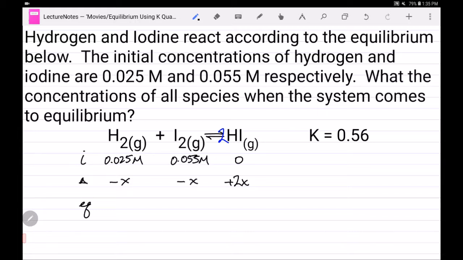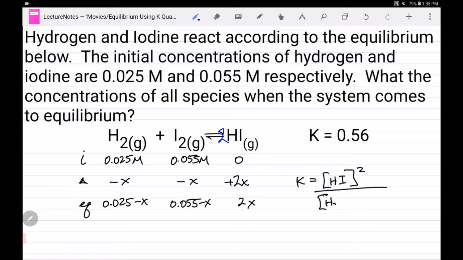Then our equilibrium expression for the concentration of hydrogen would be 0.025 minus x, 0.055 minus x for iodine, and 2x for hydrogen iodide. We need to write the equilibrium expression, products raised to their coefficients, over reactants raised to their coefficients.